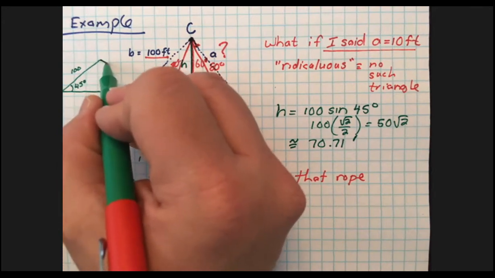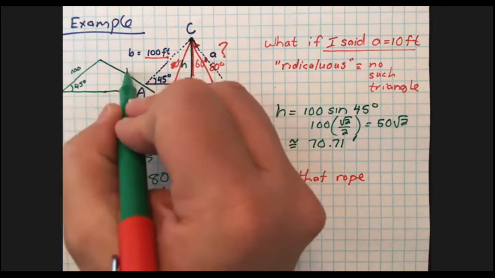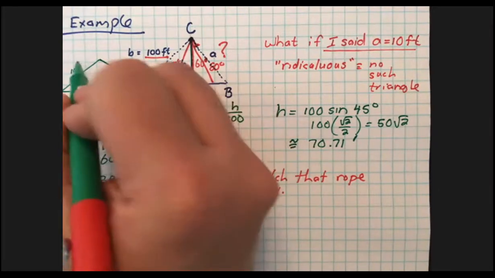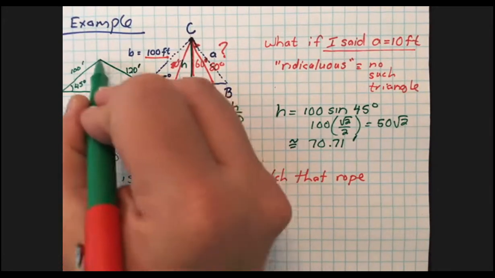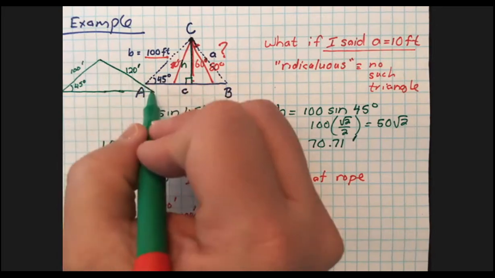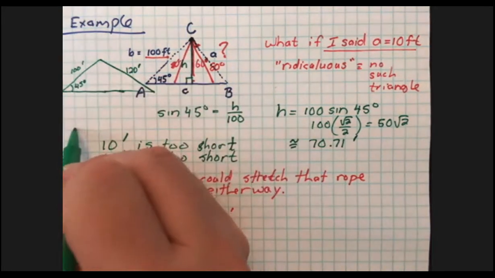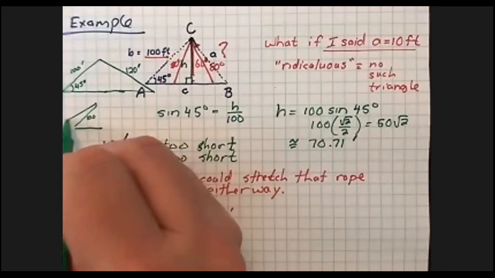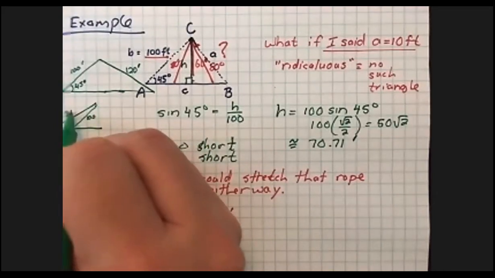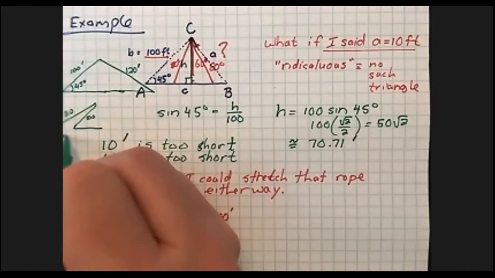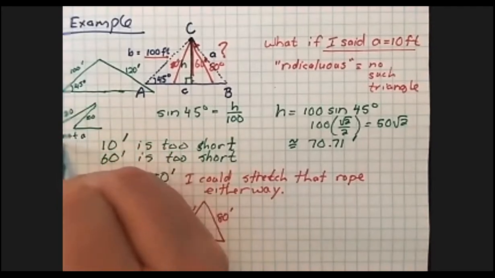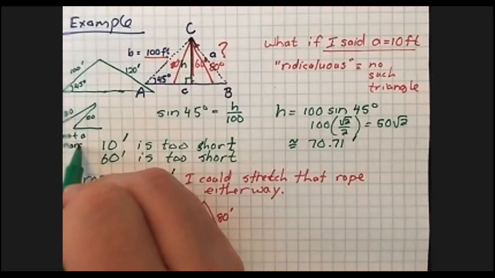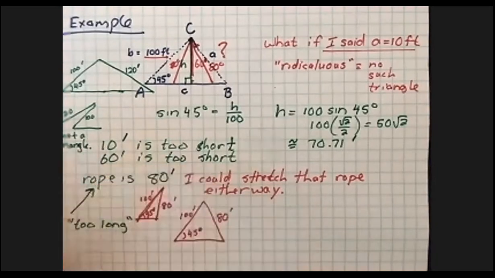I have to pull that way, way out here. 120 feet would force me to have one triangle way out here. I can't go 100 feet here and then go 120 feet this way. That's silly. That's not a triangle. Okay, how's that?